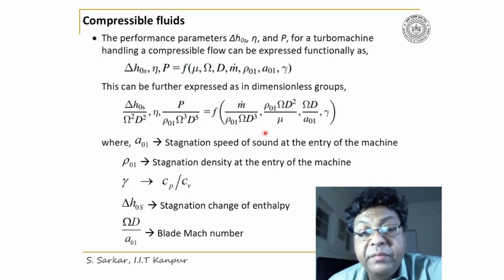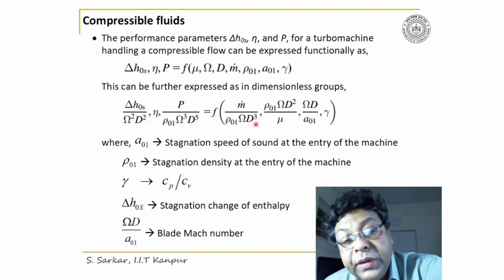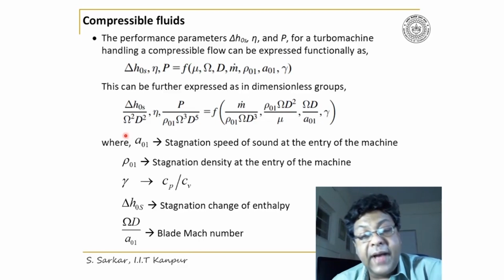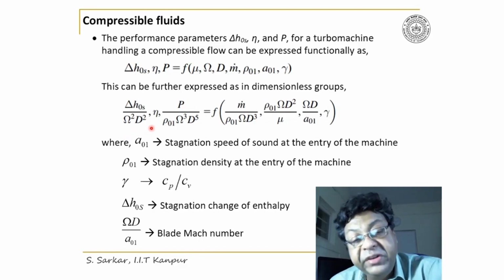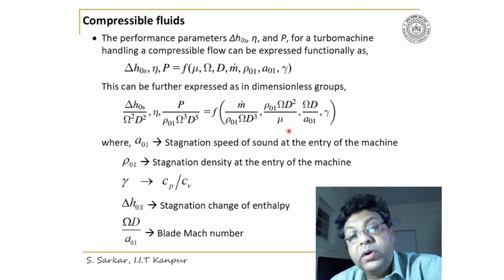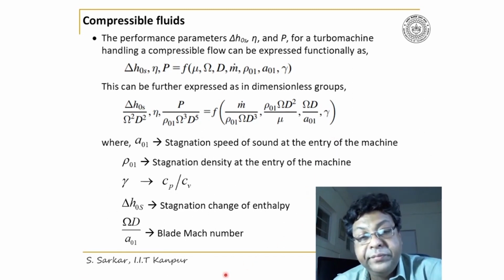The first term here, that is non-dimensional mass flow rate, is called the capacity of the machine. So non-dimensional enthalpy rise, which is psi, efficiency, and the power coefficient for a compressible machine is a function of capacity, Reynolds number, blade Mach number, and gamma. Gamma is the ratio of Cp by Cv.